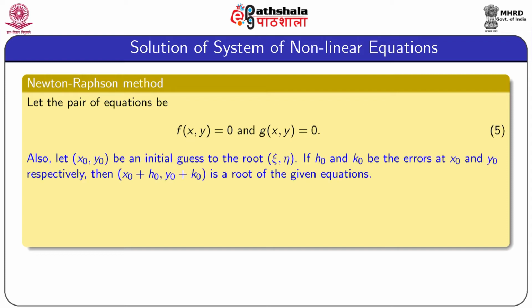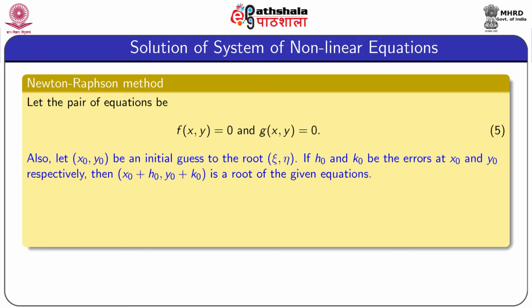Also, let (x0, y0) be an initial guess to the exact root xi, and if h0 and k0 are the errors at x0 and y0 respectively, then (x0 plus h0, y0 plus k0) is a root of the given equations.